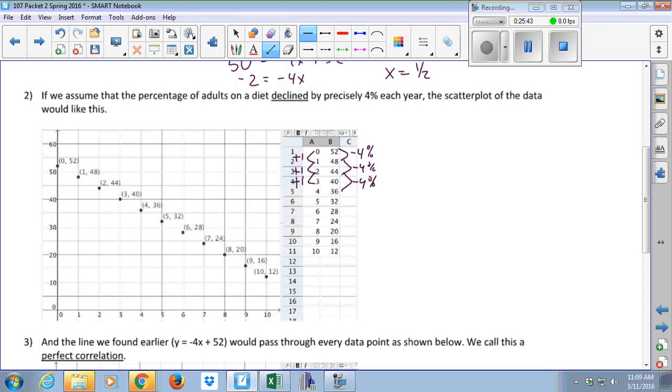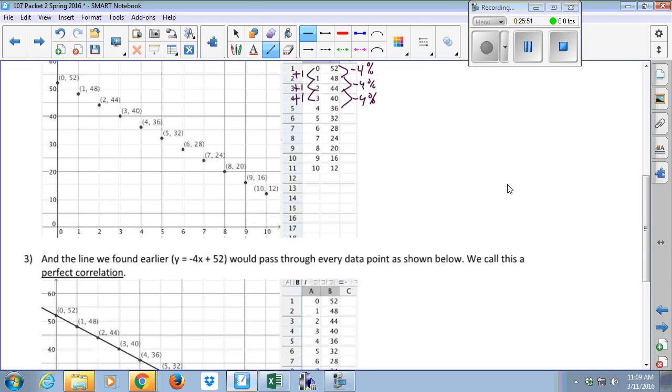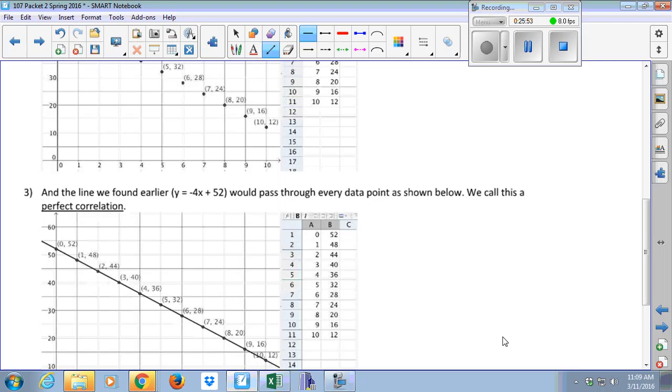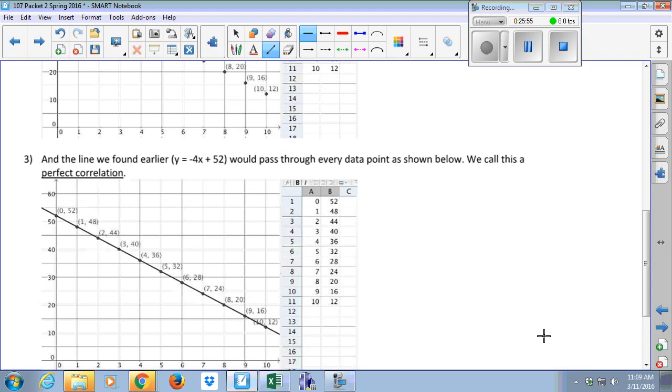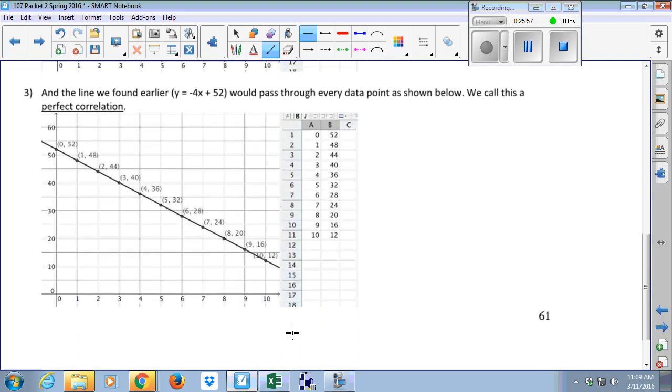That's exactly the type of thing that happens when you have data that fits exactly on a straight line. So if we were to draw the equation through that line, this line we already found, negative 4x plus 52, this is what it would look like. This is what all the data between those 2 years we looked at would be.